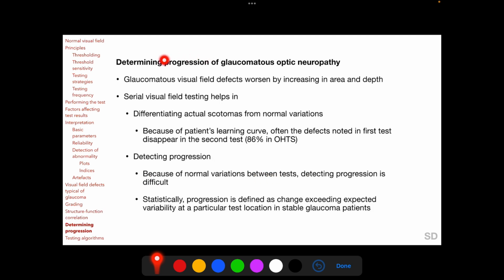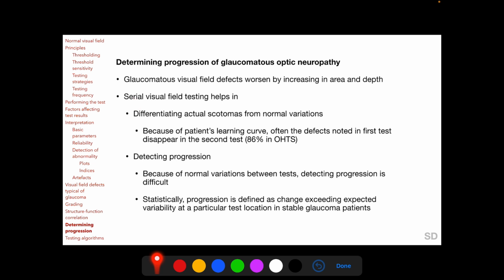Determining progression of glaucomatous optic neuropathy is another important purpose of visual field testing, and glaucomatous visual field defects worsen by increasing in area and increasing in depth. Increase in depth of a glaucomatous visual field defect implies decrease in sensitivity of that defect, and for determining progression, serial visual field testing is required.